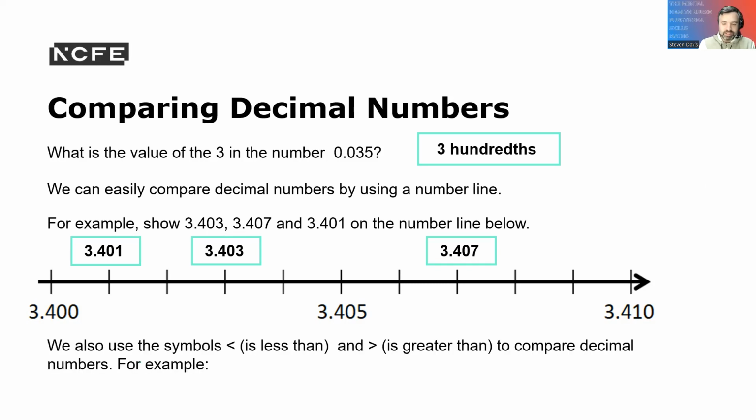We also know these symbols, the less than and greater than, to compare decimal numbers. For example, 3.404. So this one is greater than 3.401, whilst 3.404 is less than 3.407.